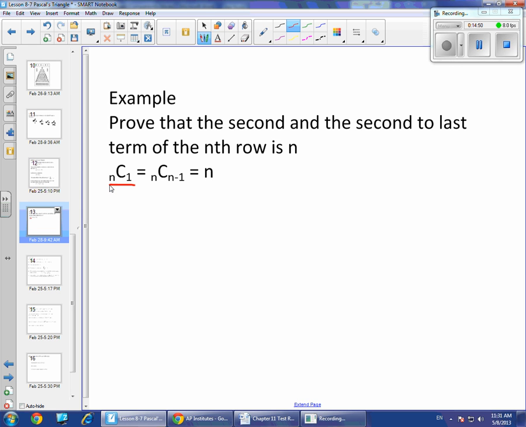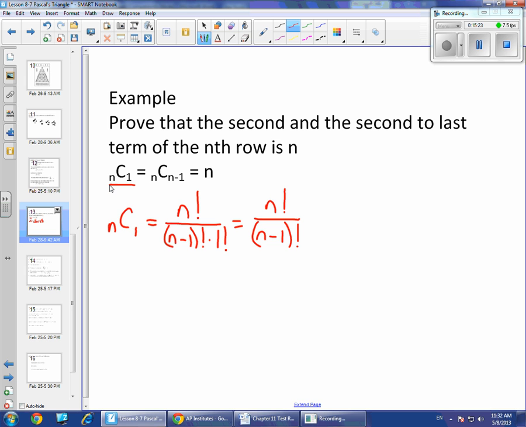So what I'm going to do is calculate nC1, which is n factorial over (n minus 1) factorial times 1 factorial. Well, first of all, 1 factorial is 1, so I can get rid of that. Now, second, n factorial divided by (n minus 1) factorial. They're pretty much the exact same thing except for one term, and that's the very last term, which is n.